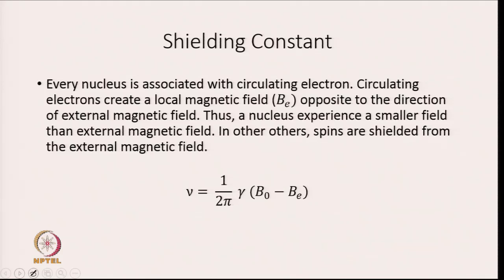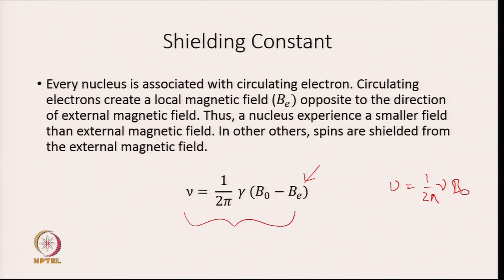So, generally what you expect is that nu is equal to 1 by 2 pi gamma B naught, but what happens, because every nucleus is associated with circulating electrons, these electrons will create a local magnetic field B E opposite to the direction of the external magnetic field. So, what you are looking at is this frequency.